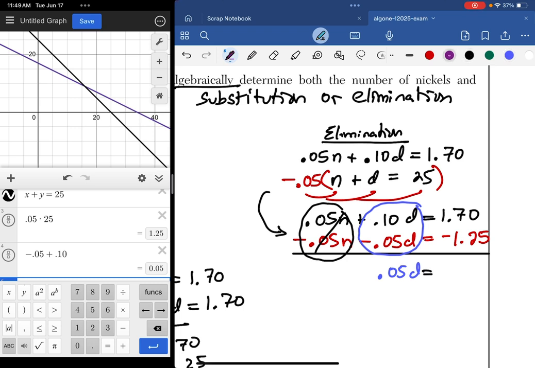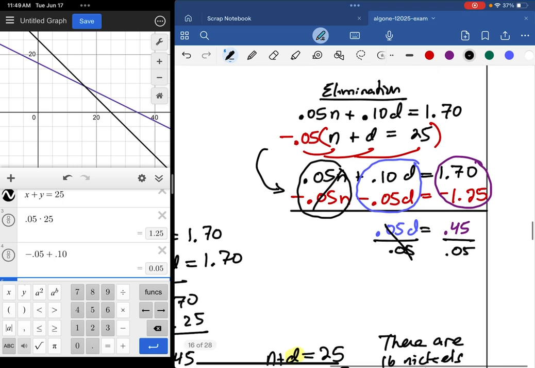And then lastly here, 1.7 minus 1.25 is going to be the 0.45. So if I divide out the 0.05, I get d is equal to 9.